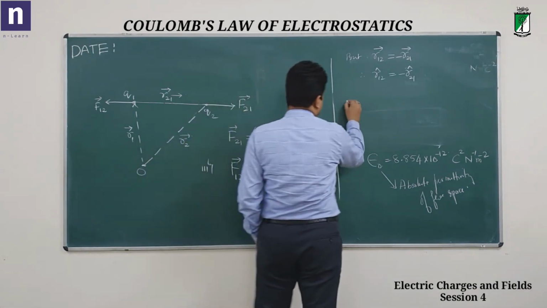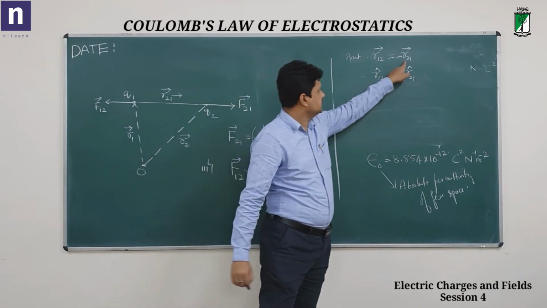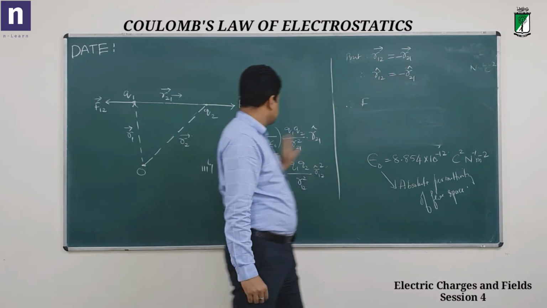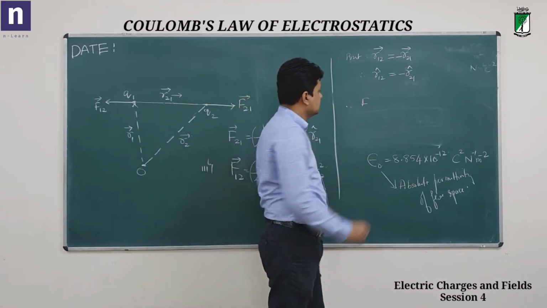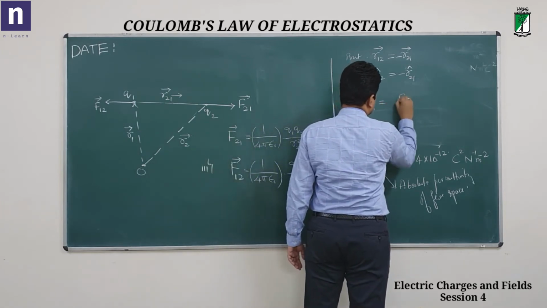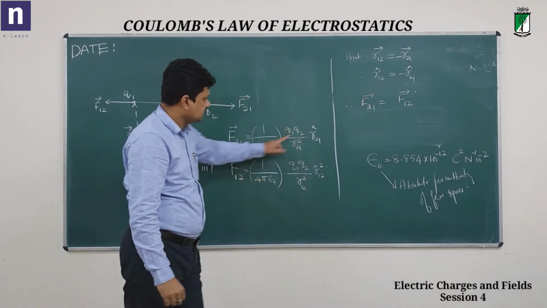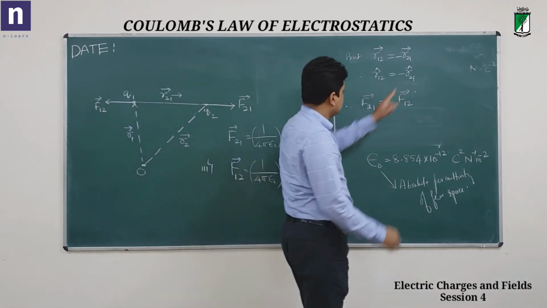So that shows that F21 has R21 cap, and F12 has R12 cap. So F21 is equal to F12 in magnitude. The magnitude is exactly the same, whereas the direction is opposite.